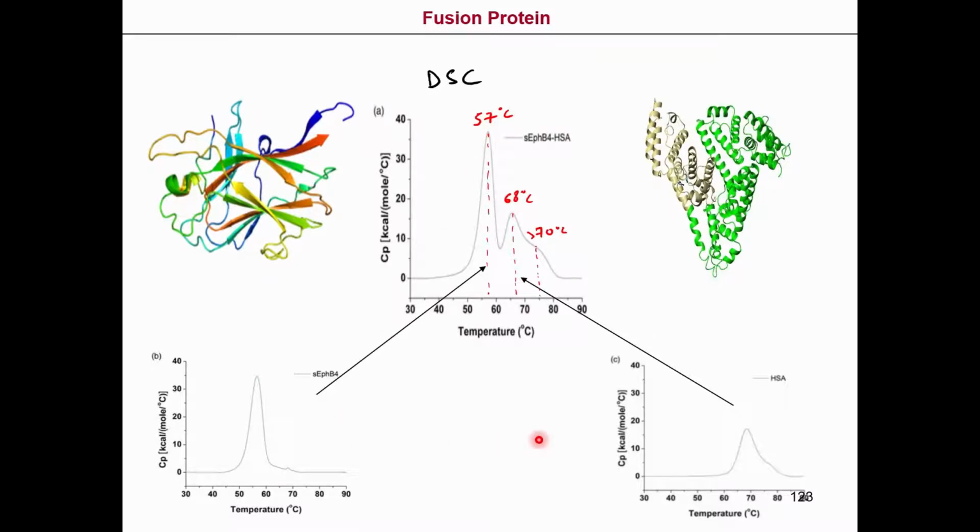And for HSA, you have two transitions at 68 and more than 70 degrees, corresponding probably to the dimerization of this protein.